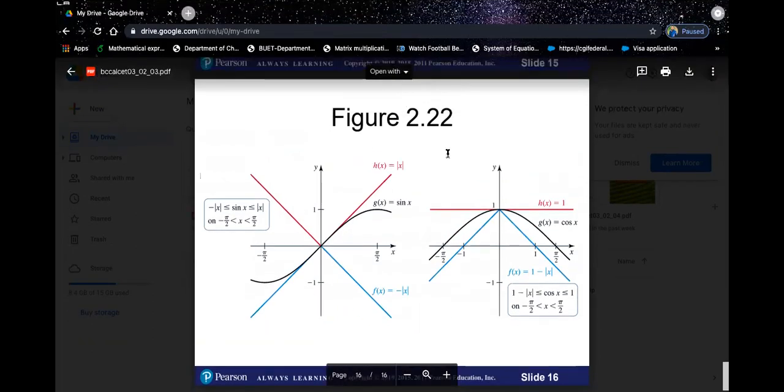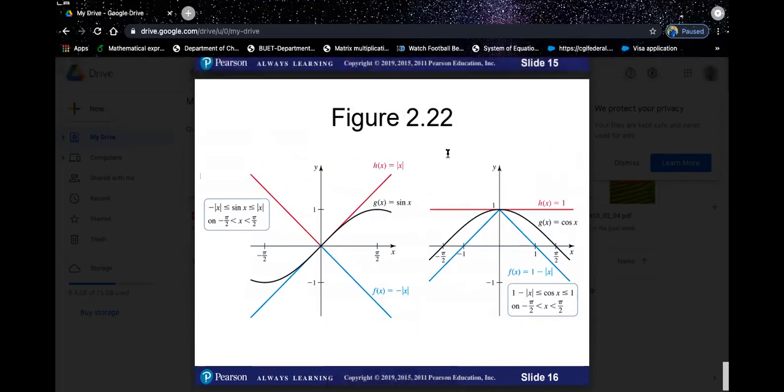Okay. So let's say we are trying to calculate the limit of sine x. Sine x can be drawn, and it will look like this: the black curve.